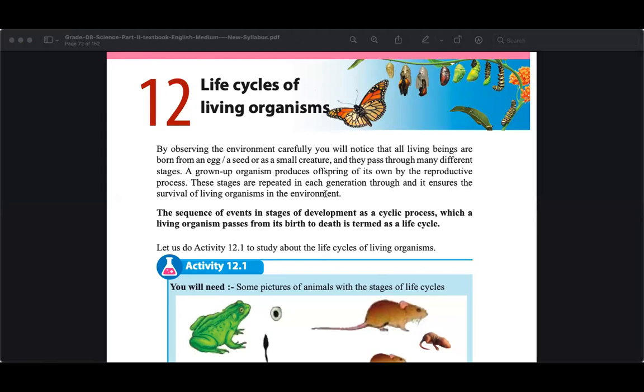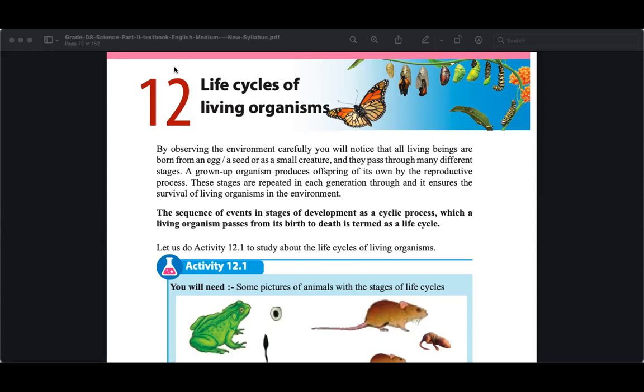Basically, most of the things that we see in the world are cyclic processes. They happen again and again. So do the lives of animals and plants. Any living thing, it is a cyclic process. It also has several steps and happens cyclically.